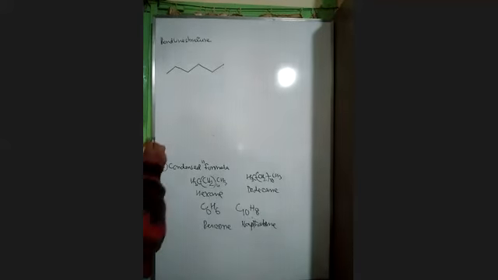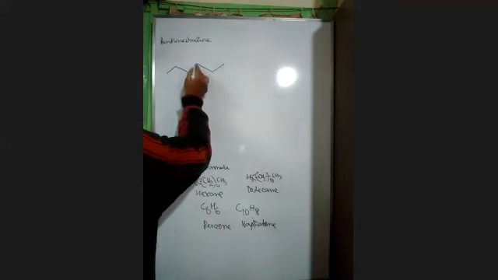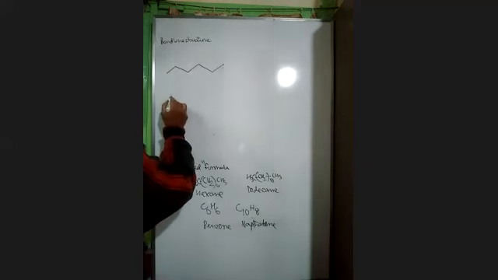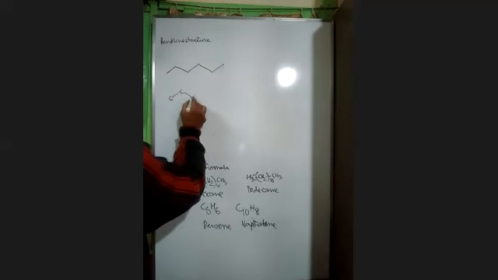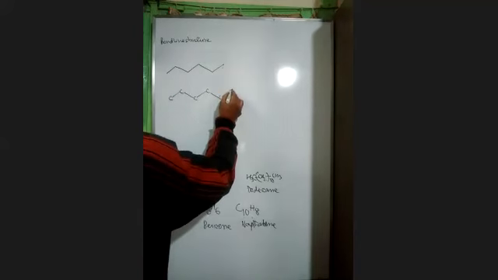See here, let me expand this. Every tip, and these are called bridges, are made of carbon. So I'll write C here.